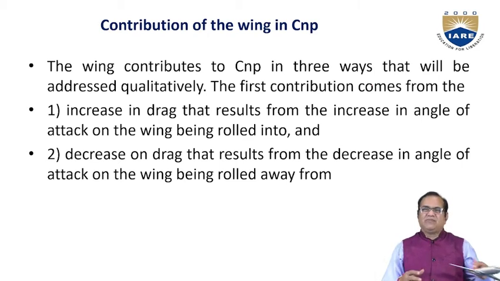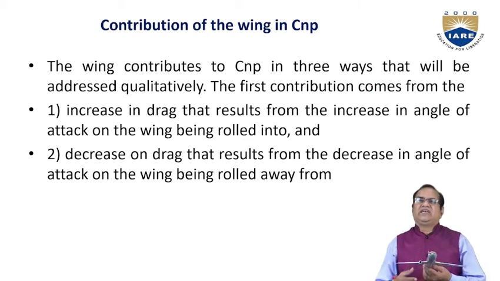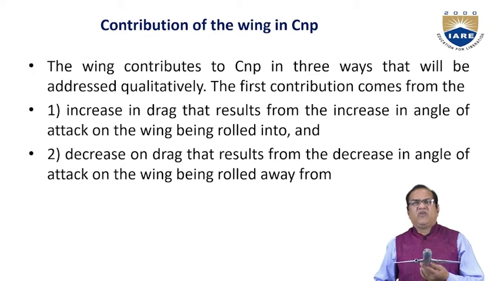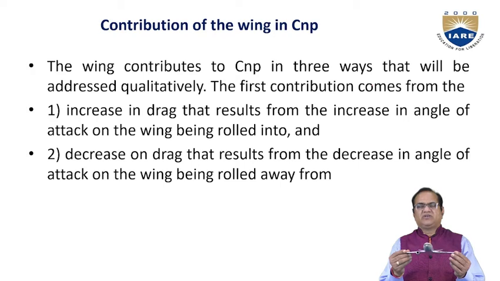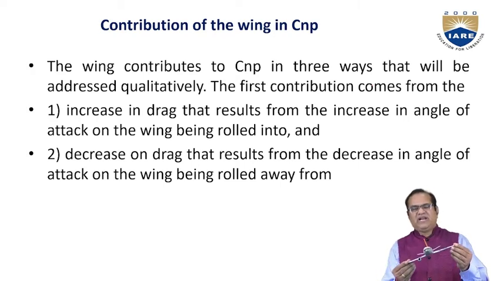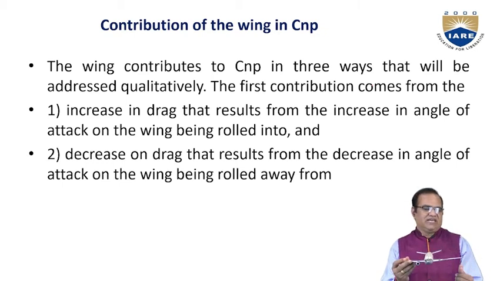So I am explaining again. Here the first point is the increase in drag that results from the increase in angle of attack. If the aircraft is going like this and you have rolled like this, on this side the angle of attack will increase and on this side the angle of attack will decrease.